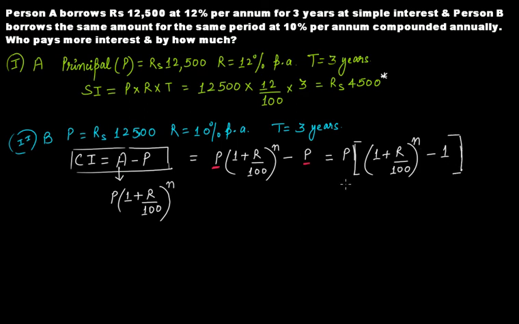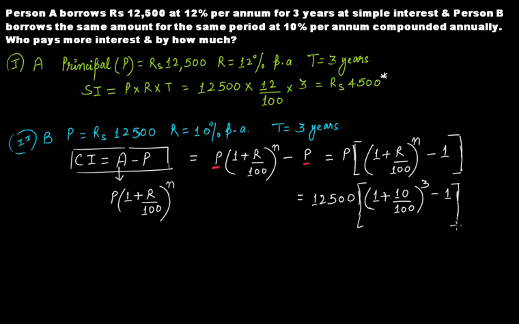Okay, so what's P here? P is 12,500, and then if you put in these values, that is 1 plus R, which is 10%, so 10 by 100, and N in this case is 3, and this is minus 1.